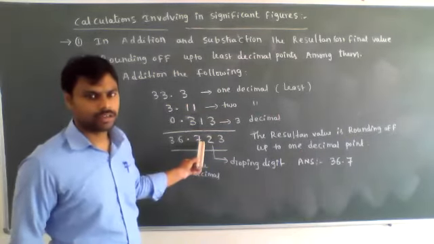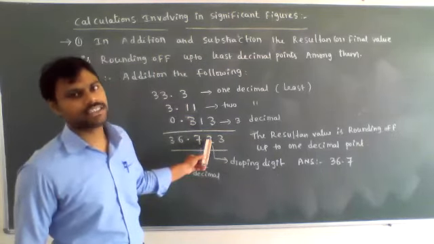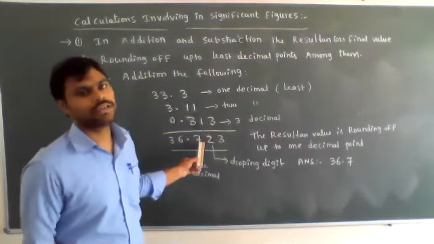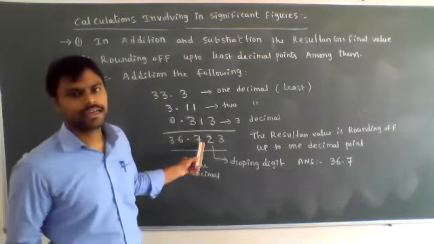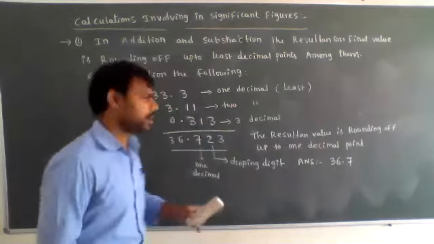What is the dropping digit? The dropping digit is 2, which is less than 5. Hence the 7 stays the same; we don't need to increase it by 1. That's why the resultant answer is 36.7.